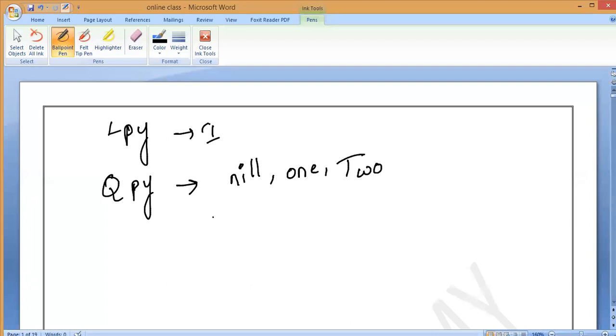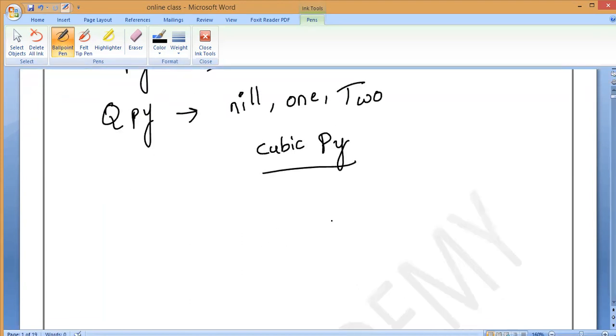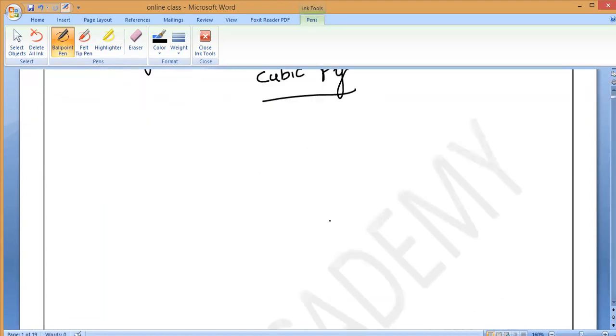Okay. Today we will discuss cubic polynomials. What is a cubic polynomial? The polynomial which has the highest degree of 3.